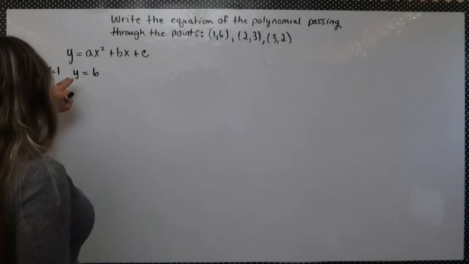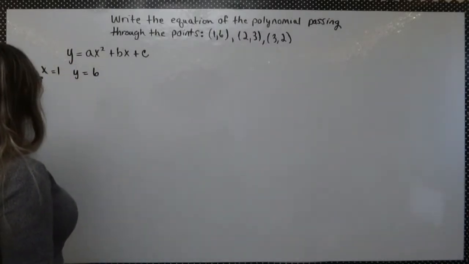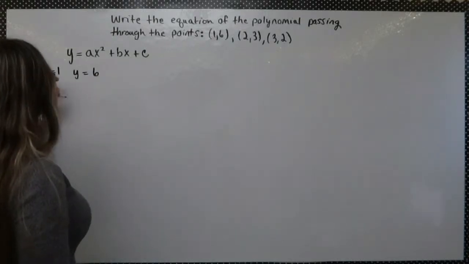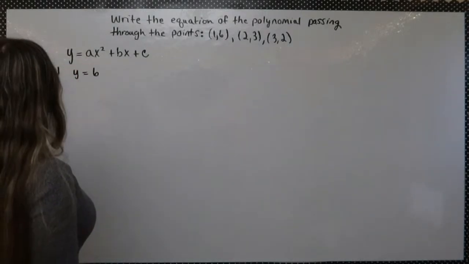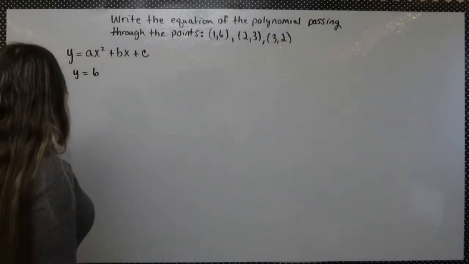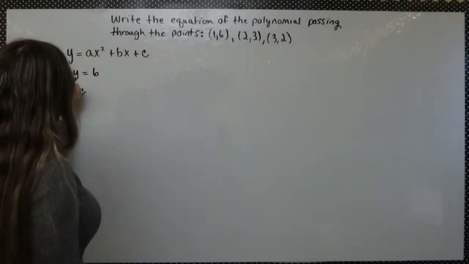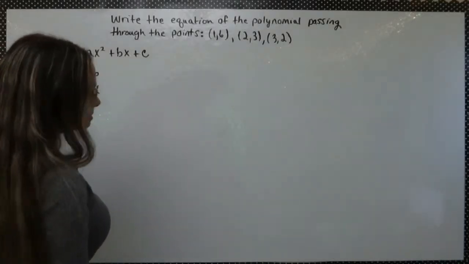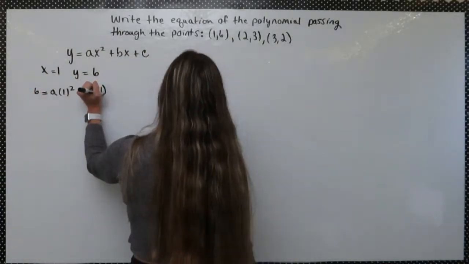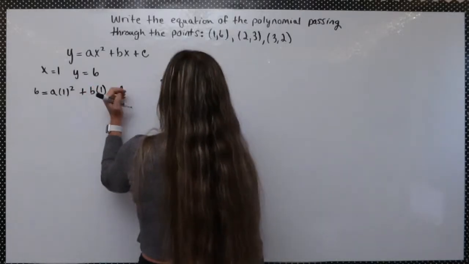Just plugging in x and y, we get 6 equals a times 1 squared plus b times 1 plus c.